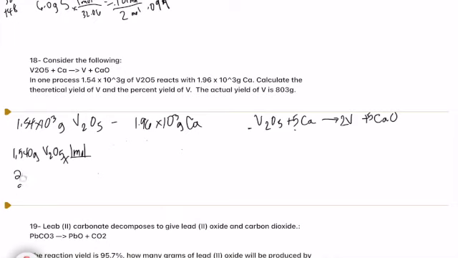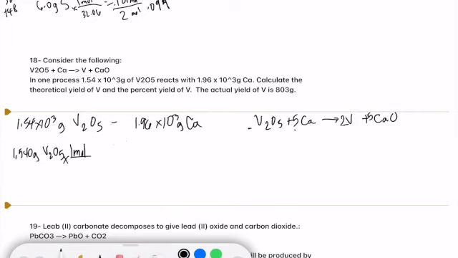Probably didn't need to erase 181 there, but so be it. So if you missed it there, you'll have to go ahead and add V2O5 again to get the formula mass for that in grams per mole.